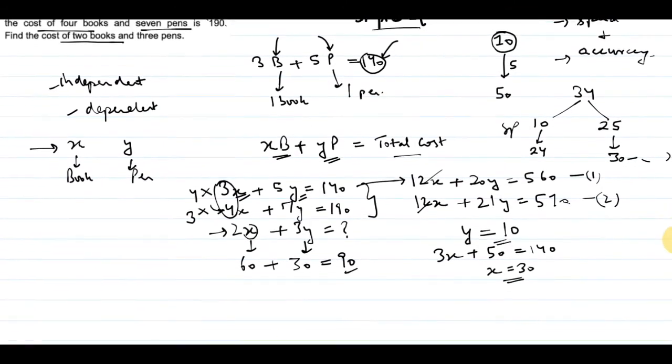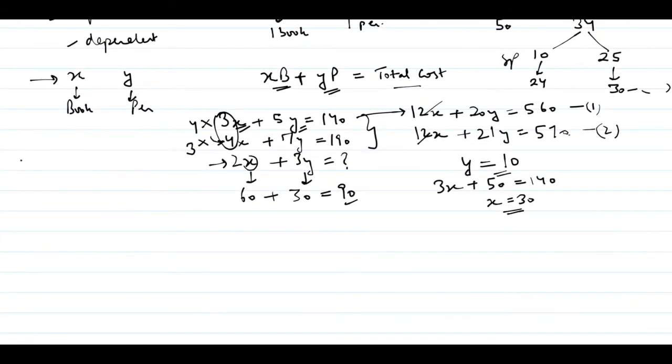Now you have two equations: 3x plus 5y equal to 140, 4x plus 7y equal to 190. Now you need to find 2x plus 3y.